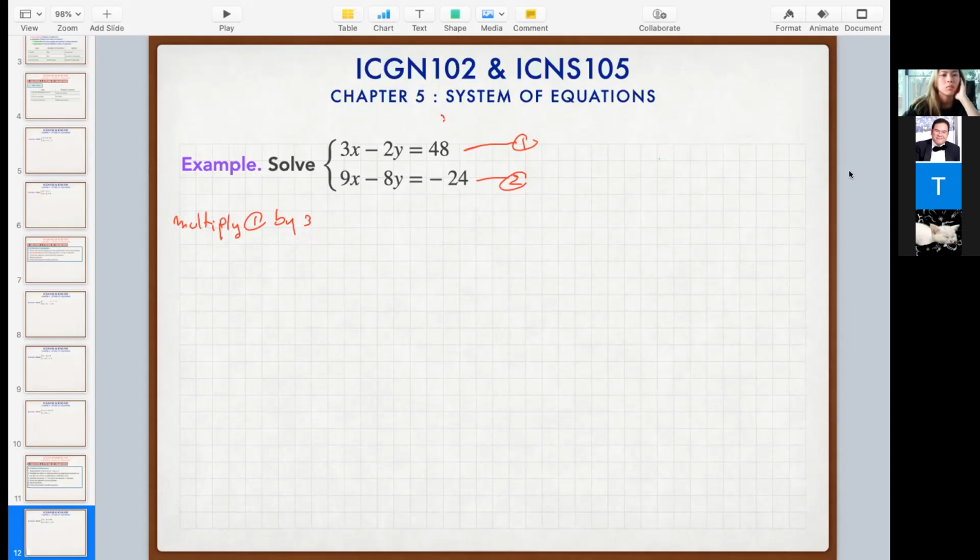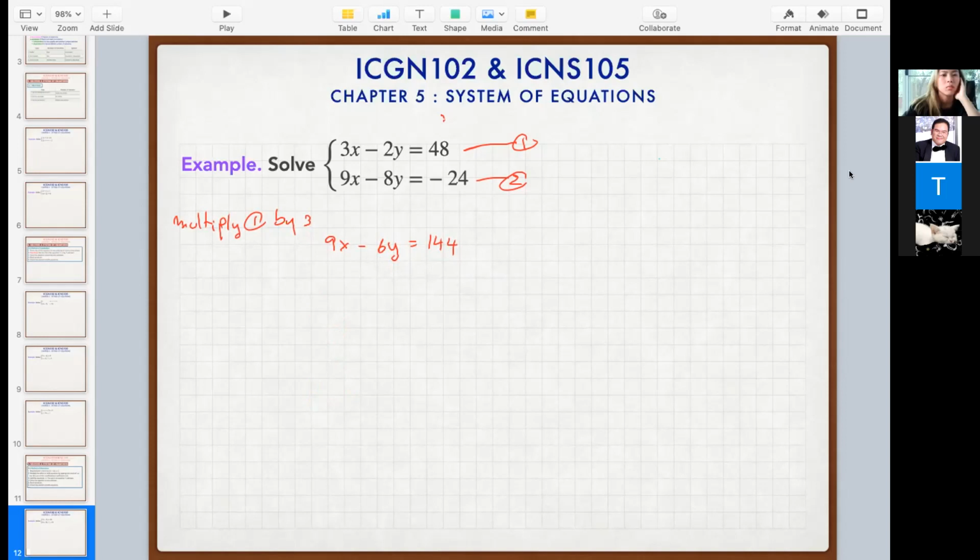Then I get 9x minus 6y equals 48 times 3, which is 144.